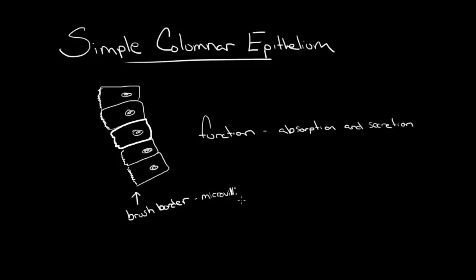So where can we find simple columnar epithelium? Okay, we'll give some examples of locations. Number one, the primary place that I would look for simple columnar epithelium is the GI tract, or the gastrointestinal tract, from really the stomach to about the anal canal.